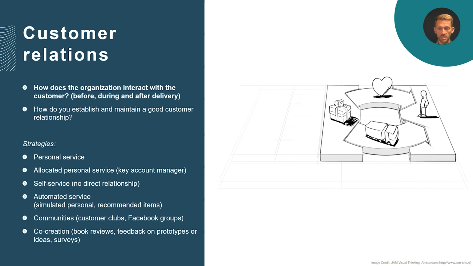But you also see allocated personal services, and this is where we hear the term of a key account manager. So if you call your phone company, you will get to talk to a person, it's personal service, but if you call up again the next day, it will be another person.